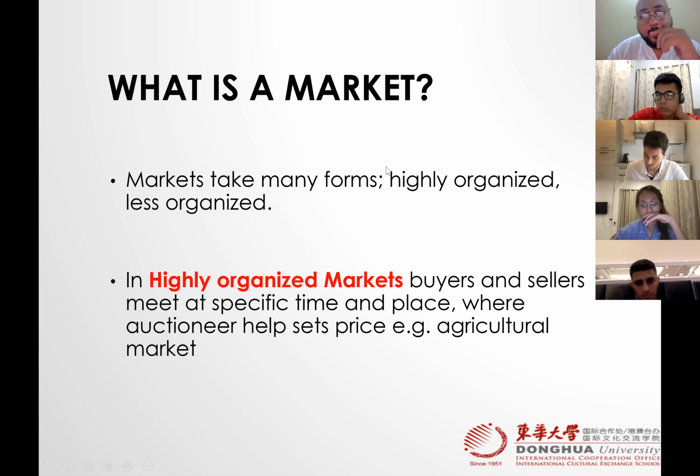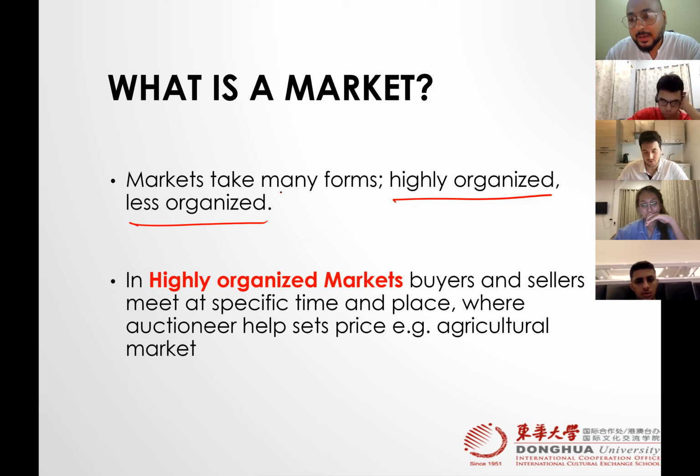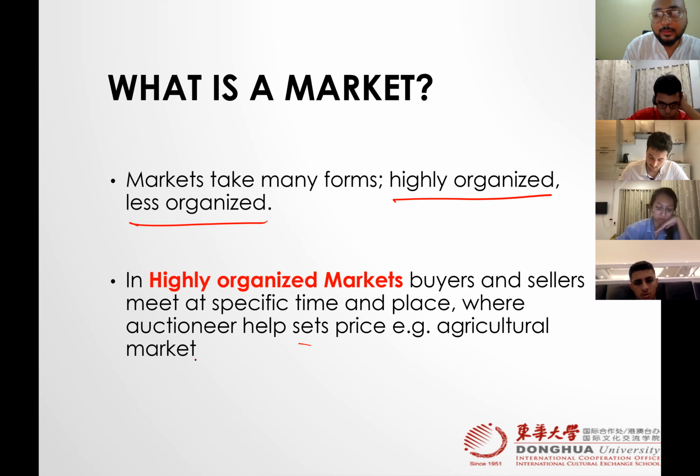Regarding the organization, markets can take many forms, from highly organized to less organized. So what do we mean by a highly organized market? Buyers and sellers meet at a specific time and place, where an auctioneer helps set the price, like in an agriculture market.